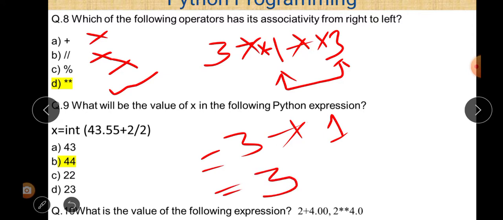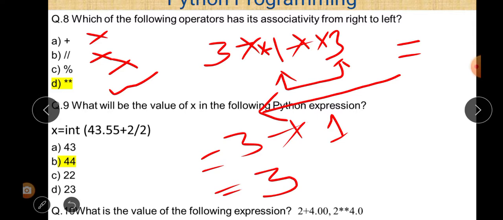The most important thing is that the double star or exponent operator has associativity from right to left. And one more operator, the assignment operator, has associativity from right to left. So these are the two basic operators which have associativity from right to left. Always remember that.